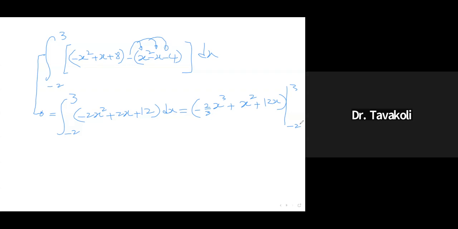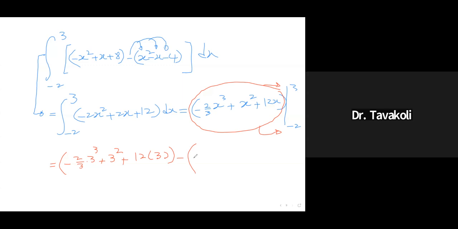So to do that, we evaluate this function at 3, which is minus 2/3 times 3 cubed plus 3 squared plus 12 times 3, minus the evaluation of this function at minus 2. So minus 2/3 times negative 2 cubed, and then minus 2 squared plus 12 times minus 2.